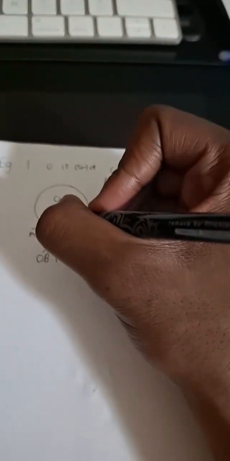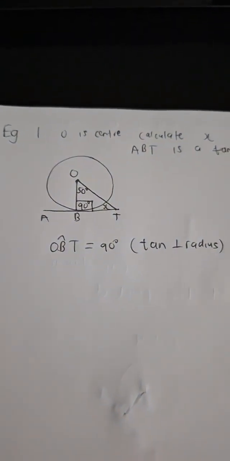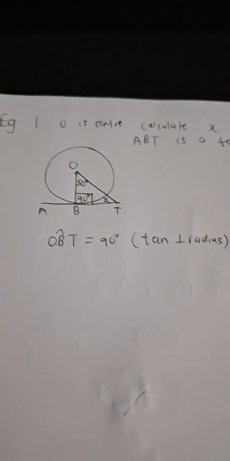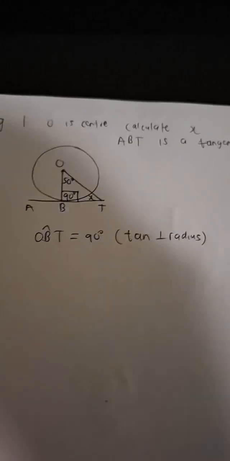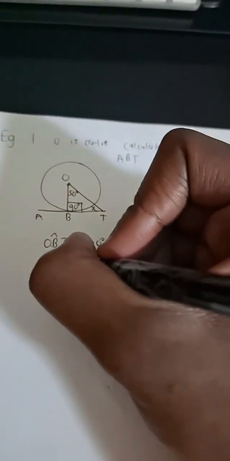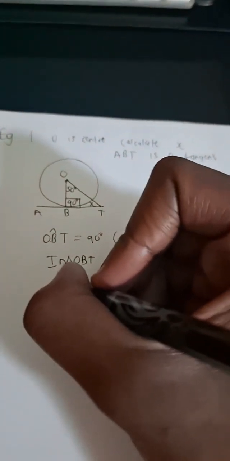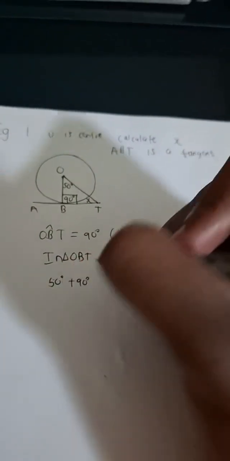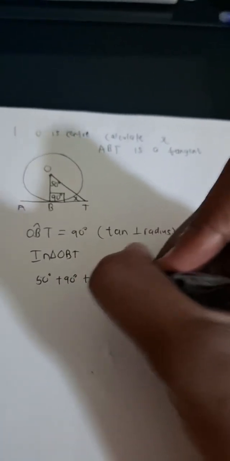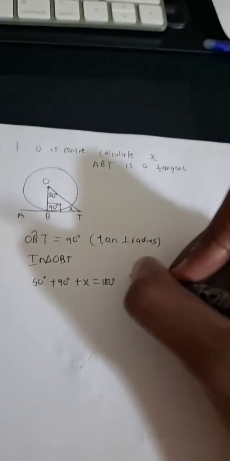Then we go and update our diagram. It's important to do these things. We can either put that box that says 90 degrees. Then in triangle OBT, what do we see? We see that 50 degrees plus 90 degrees plus X is equal to 180 degrees.